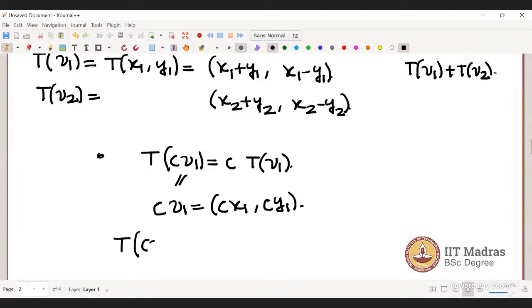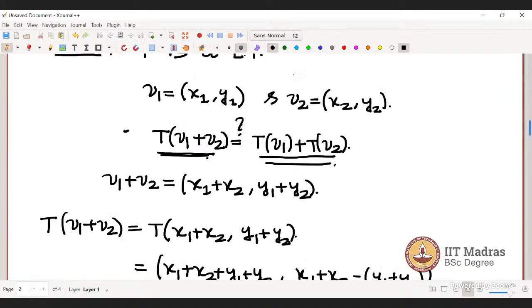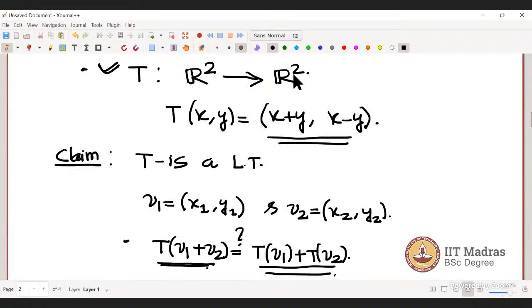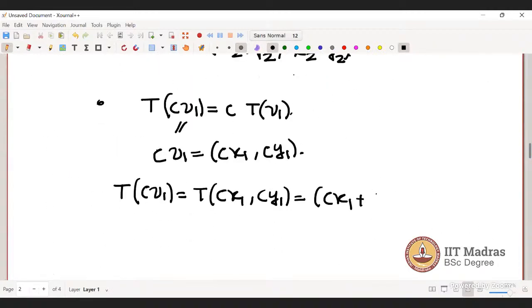Then T of C V1, which is nothing but T of (C x1, C y1), is by definition this is how we define T, so I'm just applying the definition. And you can take C out of this tuple.